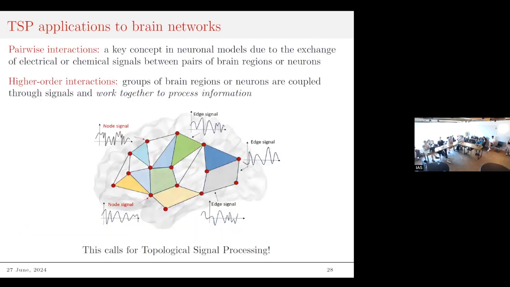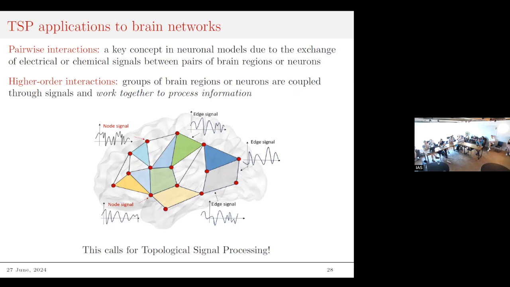But I think that TSP is a well-suited tool for the analysis of brain networks, because in brain networks, we have higher order interactions. Groups of brain regions or neurons are coupled through signals and work together to process information.